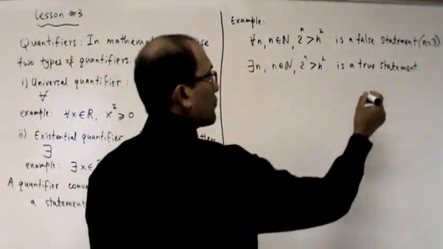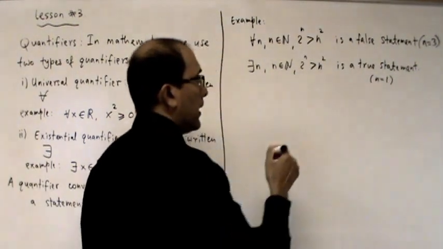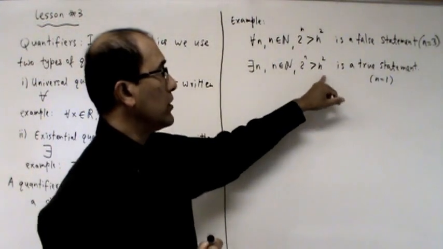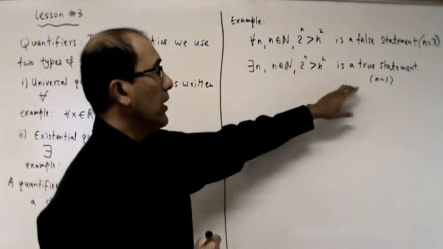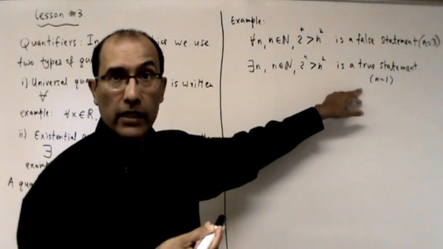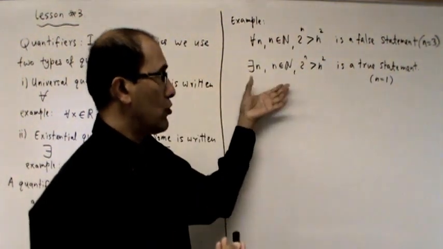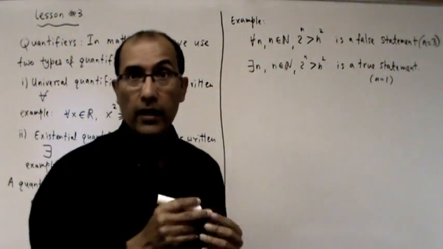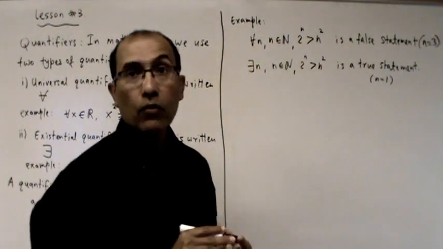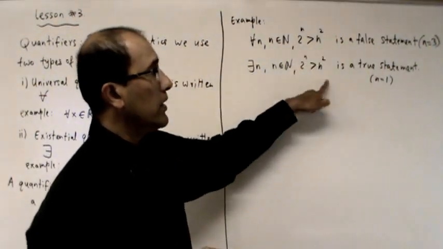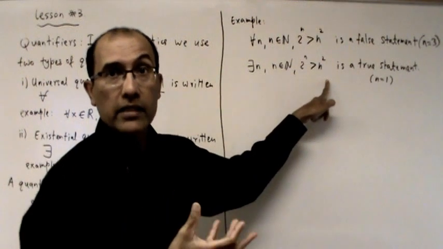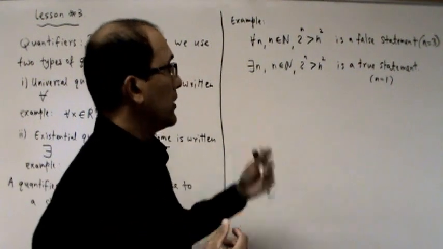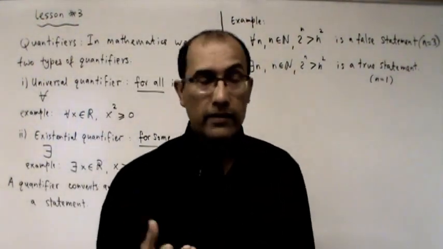If n equals 1, then 2 to the 1, that's 2, is bigger than 1 square, which is 1. So 2 is bigger than 1. So I have an example here, n equals 1. So for some, it's true. When you say for all n, it must hold for every single n, but we know that it doesn't hold for n equals 3. So that statement is false. This statement is true. Therefore, these are statements, because we can determine whether they are true or false. So that's how we use quantifiers.